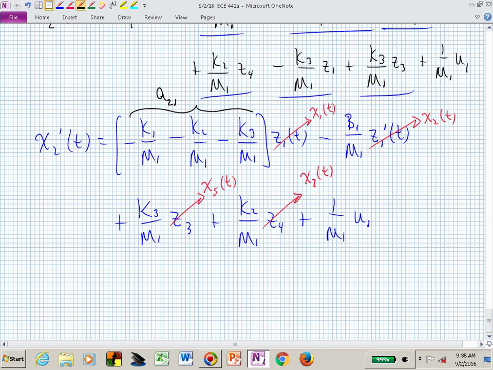For that, I would calculate what that coefficient is, and that's now in the 2-1 entry of my A matrix. What's this coefficient? How can I label this one? Where does it appear in the A matrix? Second row, second column.